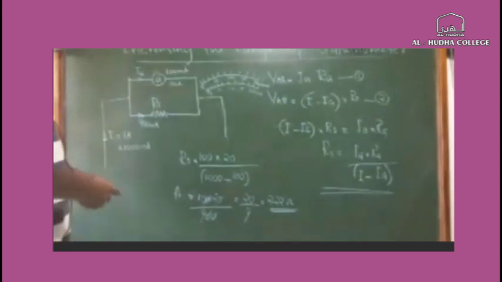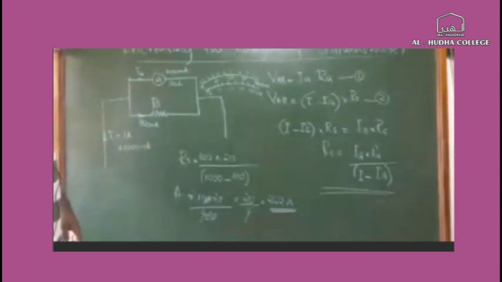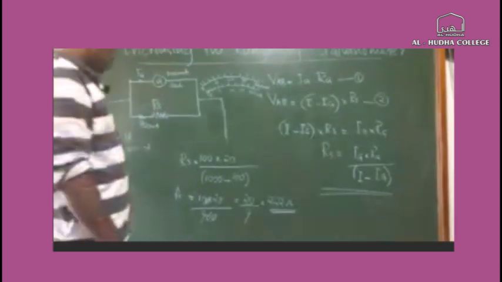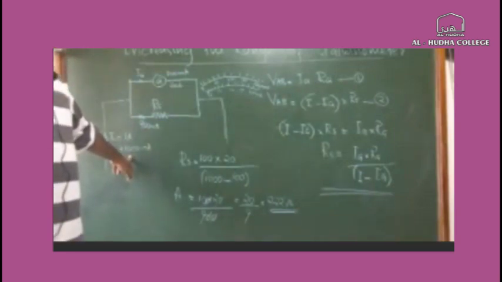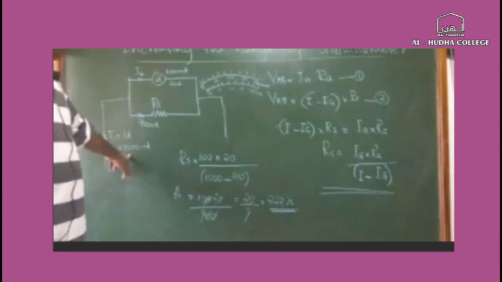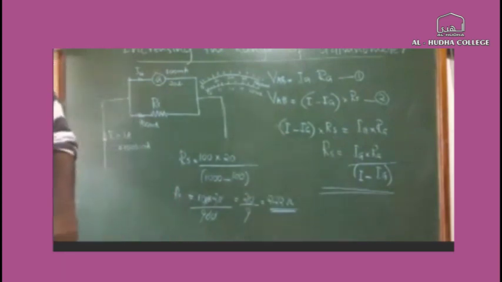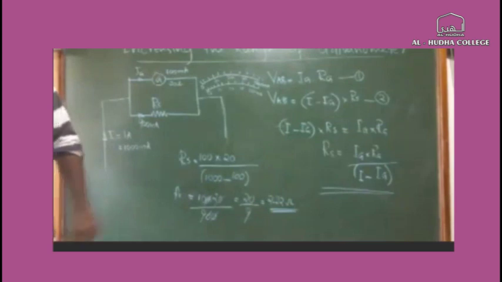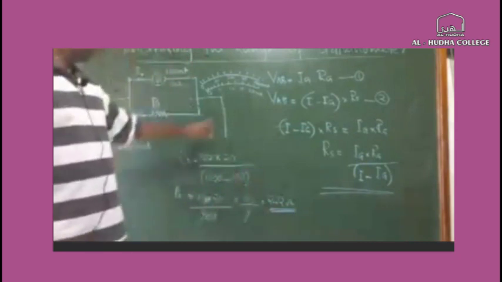Now, to check whether this scale is linear, what you can do is, instead of 1000 milliamps, put 500 milliamps. So if you put 500 milliamps, the Ig for the same resistance will be 50 milliamps.